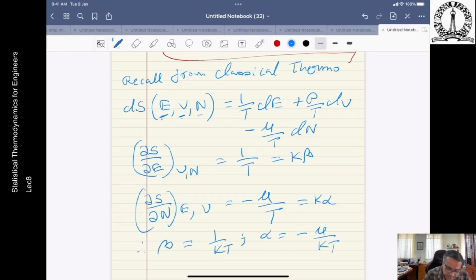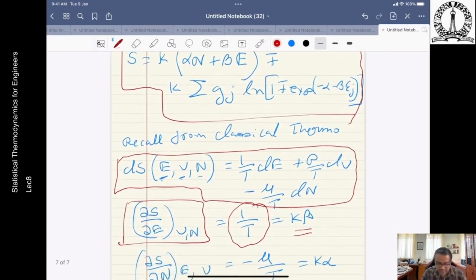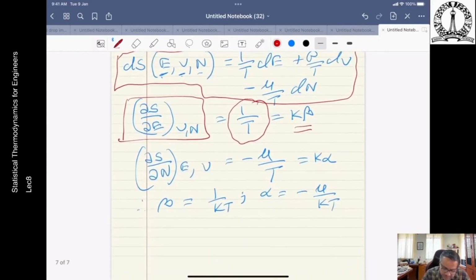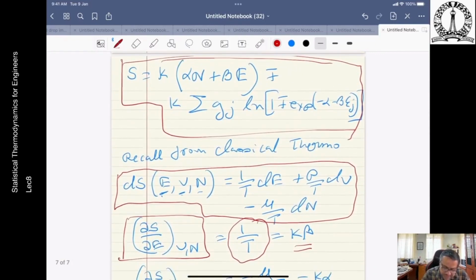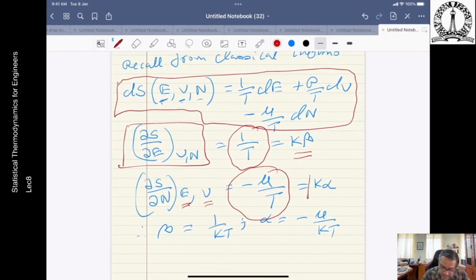So you see what we have done over here: we have taken the definition of entropy from the macro equilibrium, and once you differentiate it with respect to E, keeping the other two constant, you get 1 over T, and this should be your K beta to begin with. Similarly, when you differentiate with respect to N, keeping E and V constant, this becomes minus mu by T, so that becomes your K alpha.